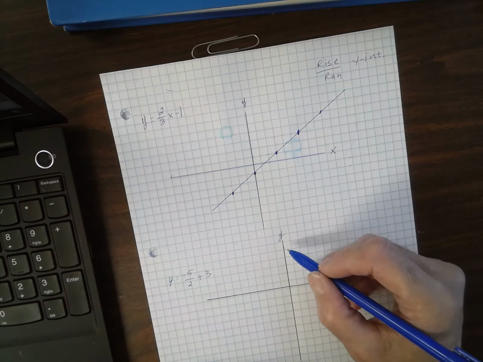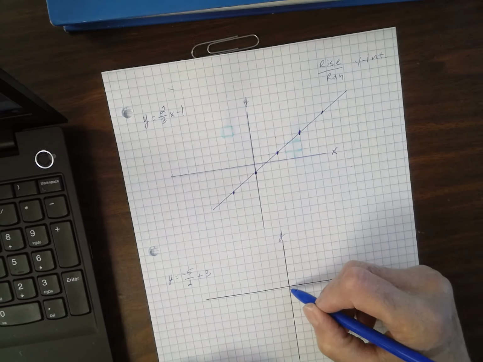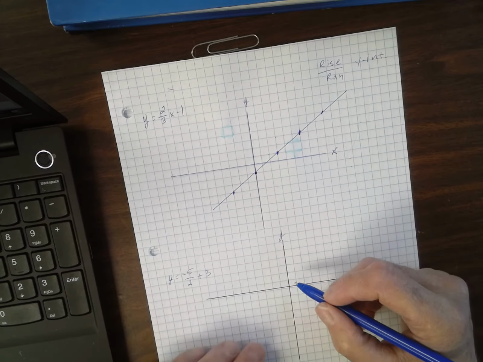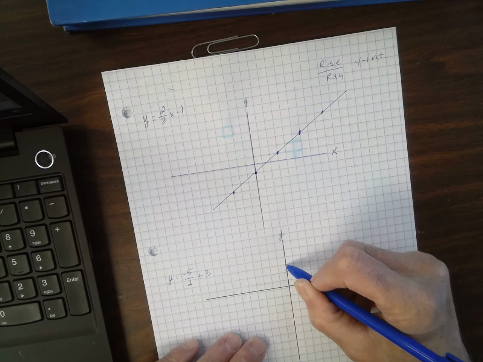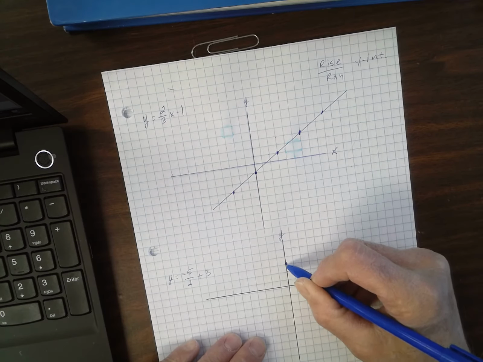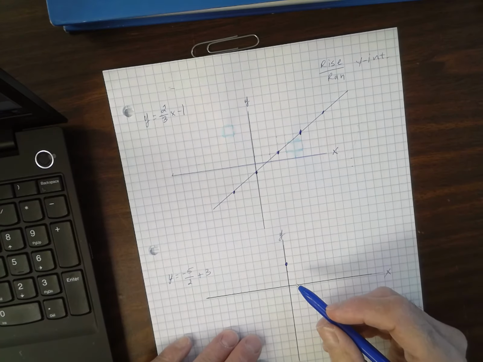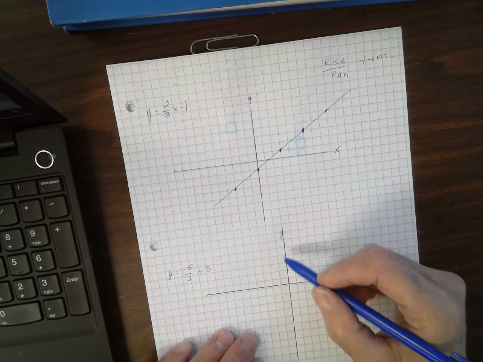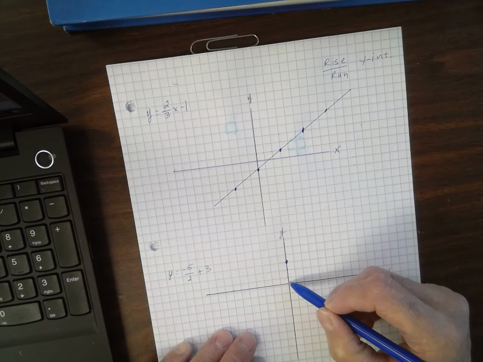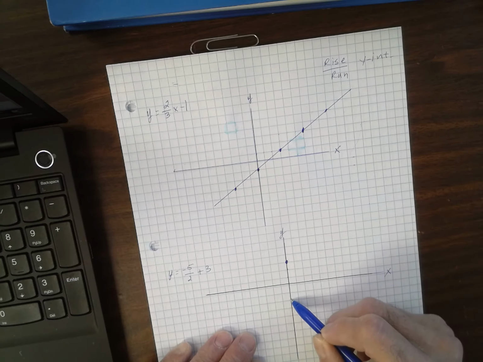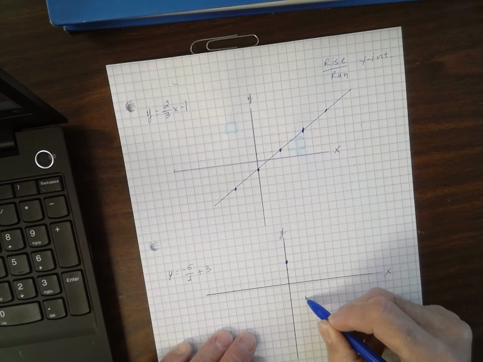So the first mark I'm going to put is the y-intercept, 1, 2, 3. Now the slope is -5/2. 1, 2, 3, 4, 5, 1, 2.